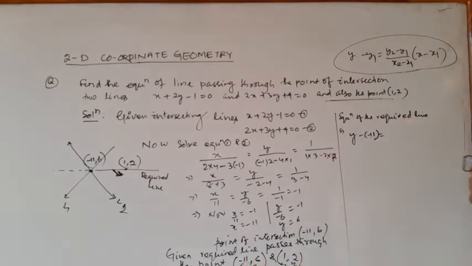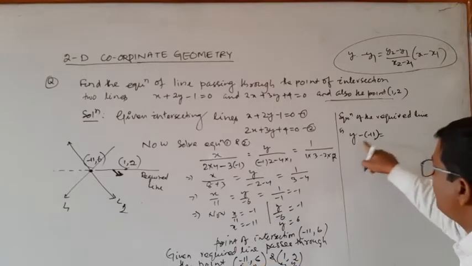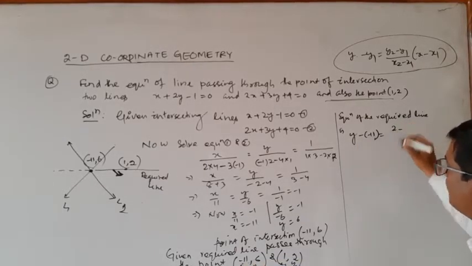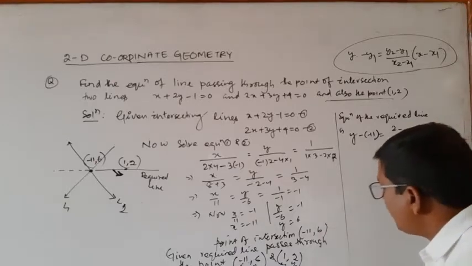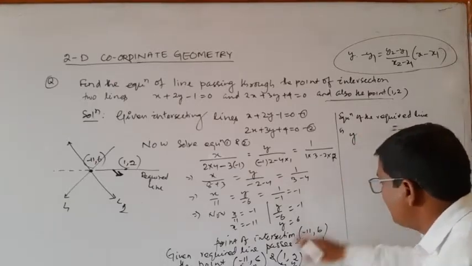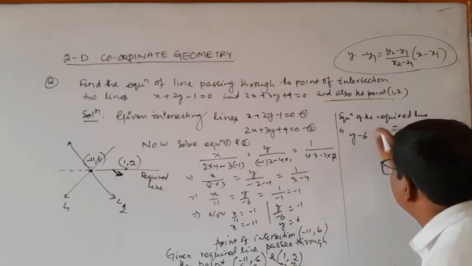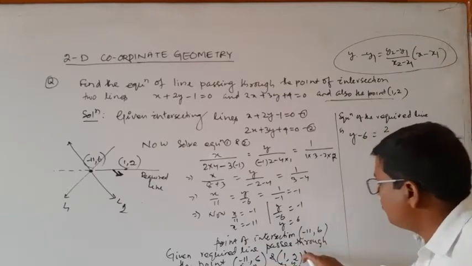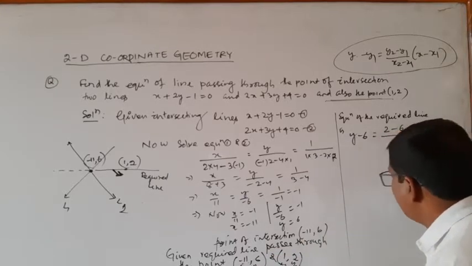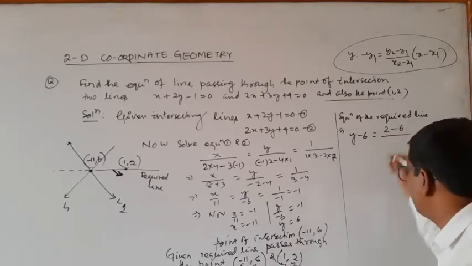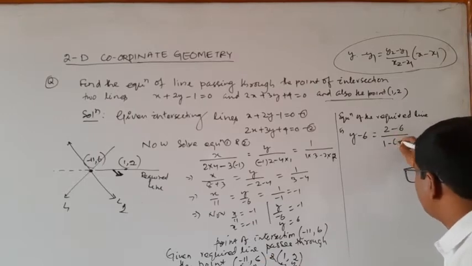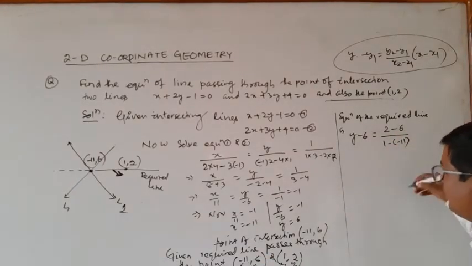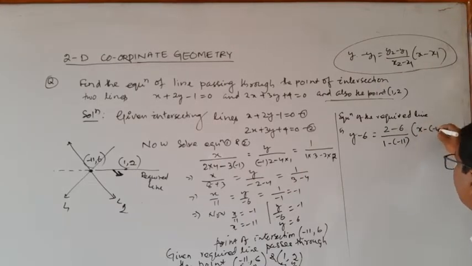So y minus y1 means y minus 6 is equal to y2, which is 2 minus 6, divided by x2 minus x1, that is minus 1 minus of minus 11, into x minus x1, x minus of minus 11.